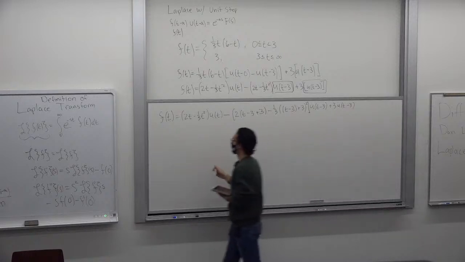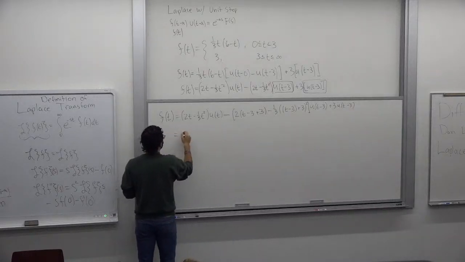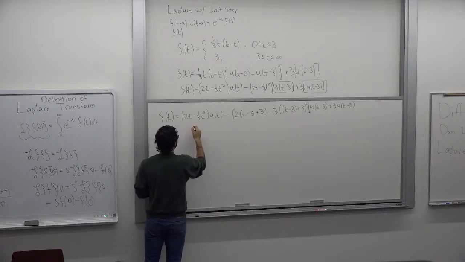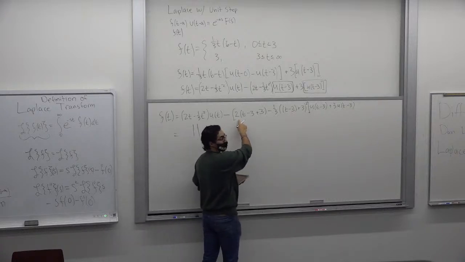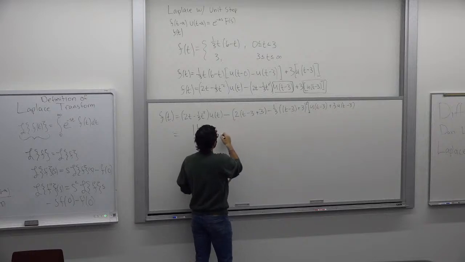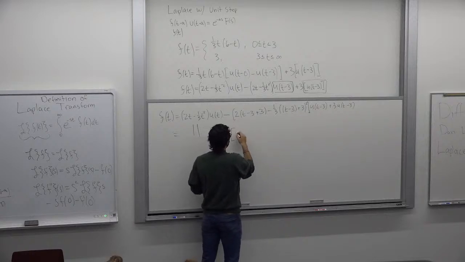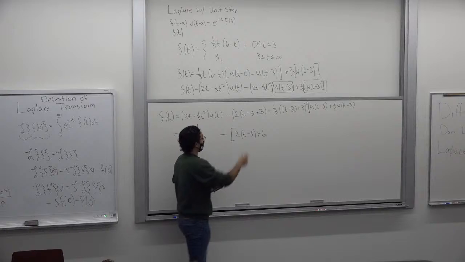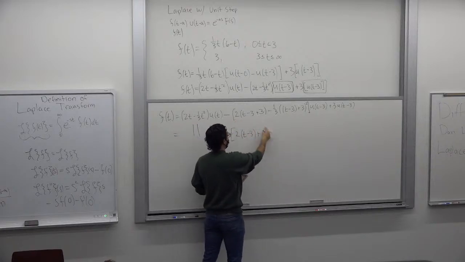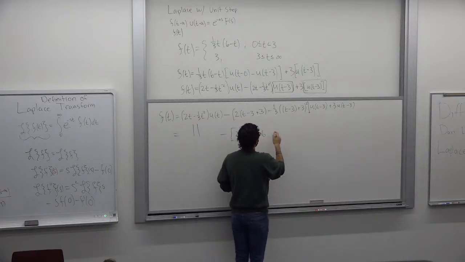So we're going to keep going. This equals, I'm just going to write, so that's the same, so I don't have to write it again. I'm going to distribute this 2, so minus 2(t minus 3) plus 6. I multiplied this 2 and the 3 and brought it out of the parentheses.